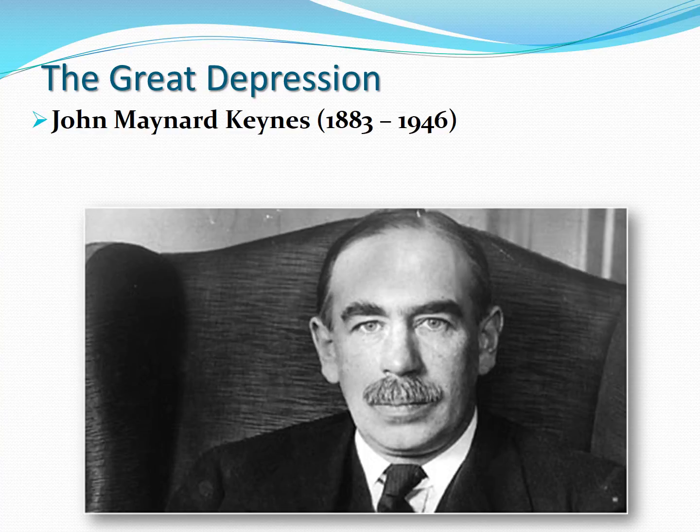So John Maynard Keynes was the architect of this new macroeconomics. He was in England. Now he's Sir John Maynard Keynes. He was knighted afterwards. And he was a notable economist before the Great Depression.